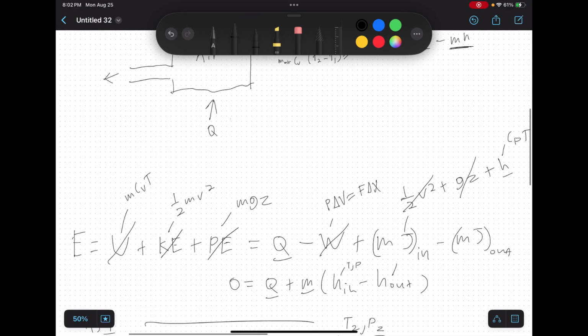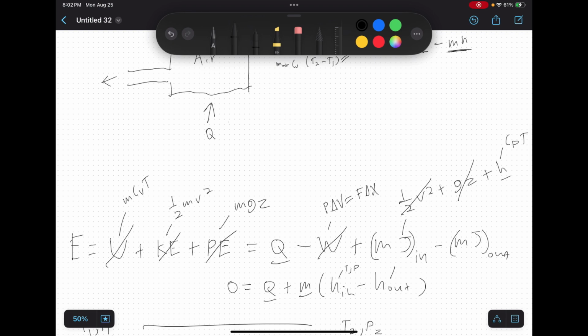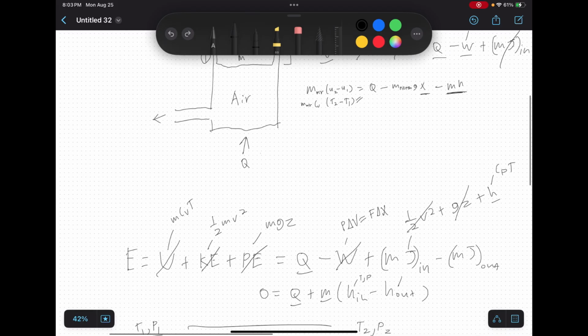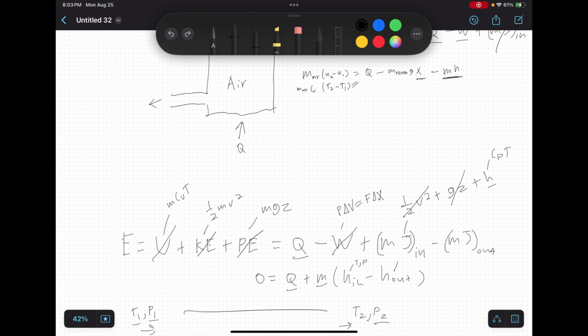So again, this is the big equation, and these are all the terms written out. You have internal energy, which is if you have stuff in your system that's just sitting there, at the start and at the end, at state 1 and state 2. And you have the kinetic energy velocity term, and you can almost always cancel that out.